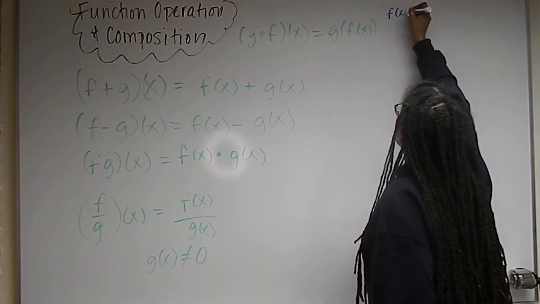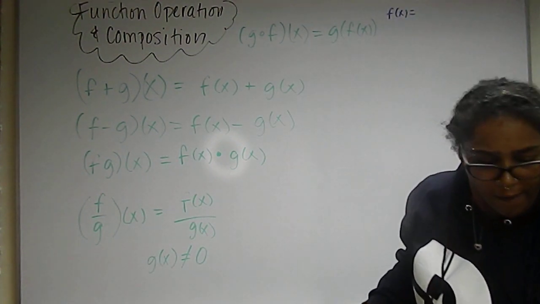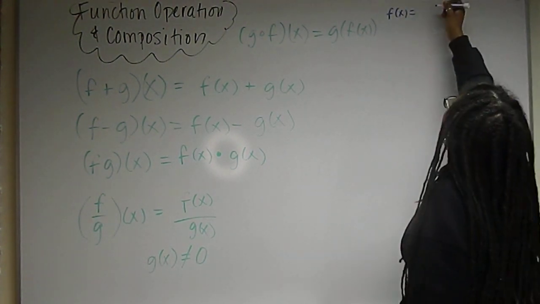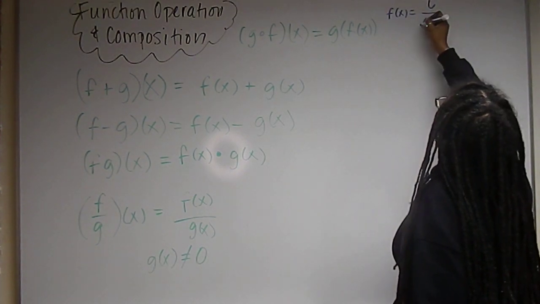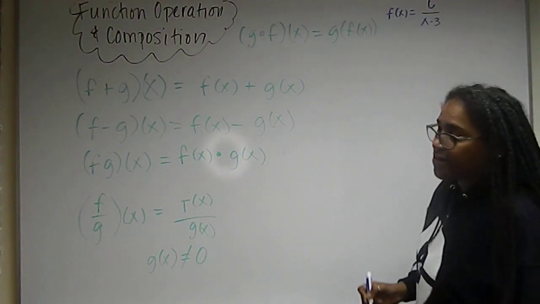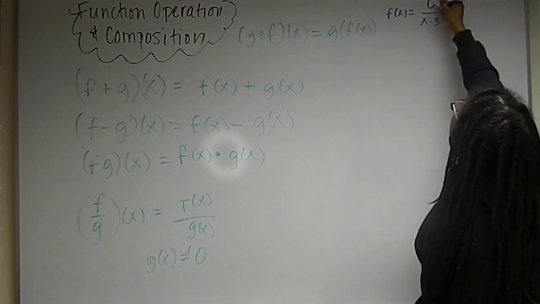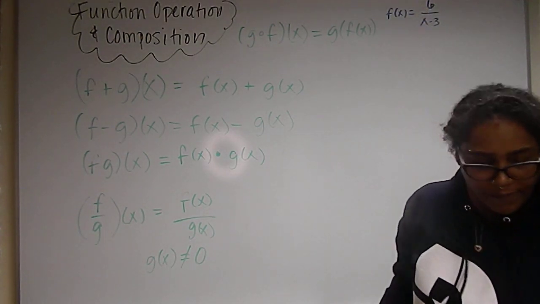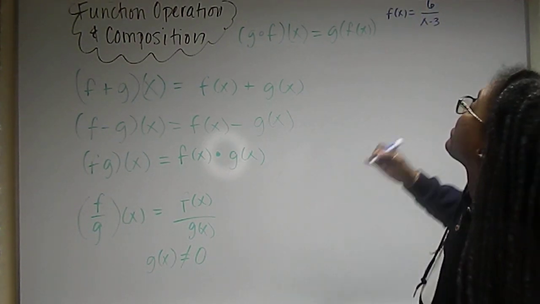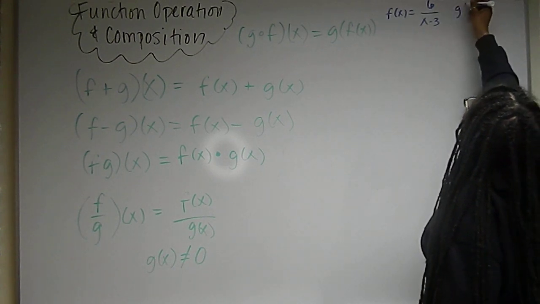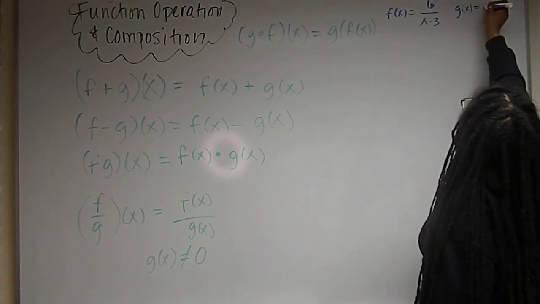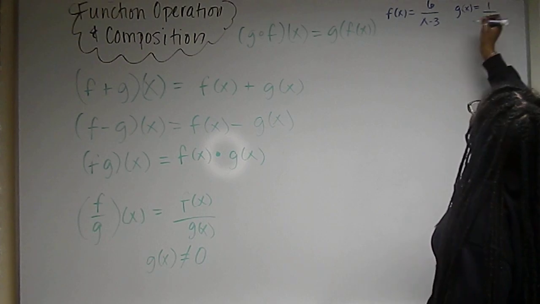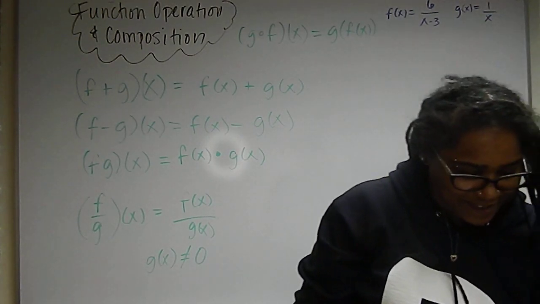F of x is equal to 6 over x minus 3. That look at 6? Okay. And g of x is equal to 1 over x.